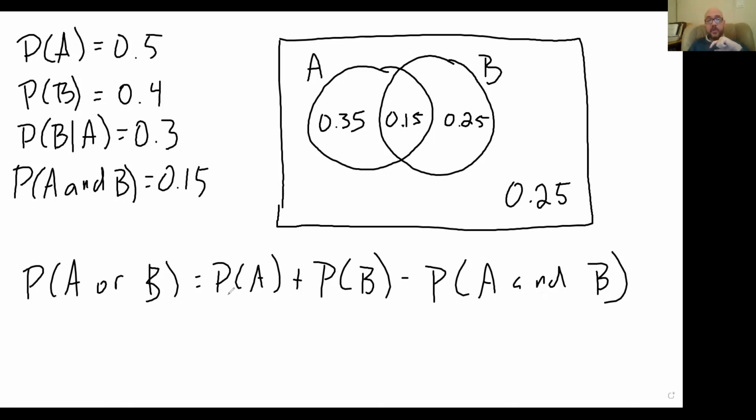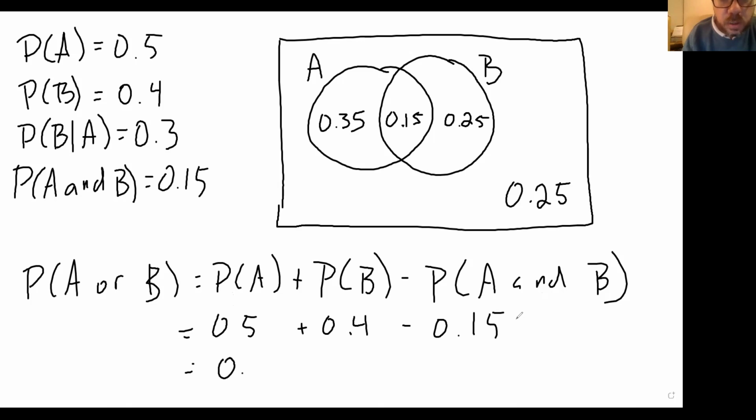And so when we do that, I would get 0.5 plus 0.4 minus 0.15 equals 0.75. So we can see it from the formula, and we can also see it by just thinking about what OR means. OR means all the stuff in either circle added up. 0.35 plus 0.15 plus 0.25 is 0.75.